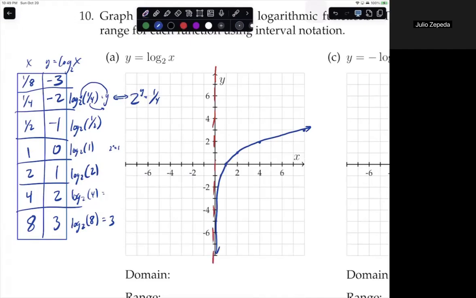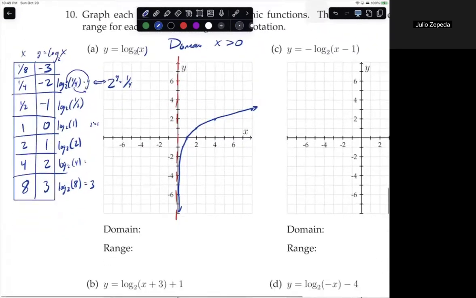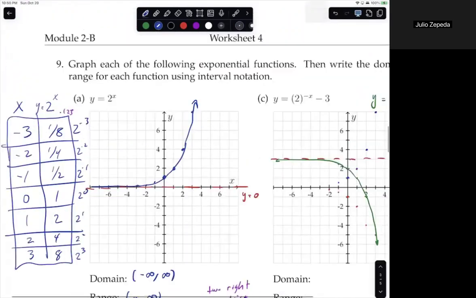What's the domain? Remember that we said the domain was that the argument, x, needs to be larger than 0. And we can see that's actually the domain of this function here. The domain is all numbers from 0 to infinity, not including 0, because we have x strictly greater than 0. The range is just going to be the domain of the inverse function.